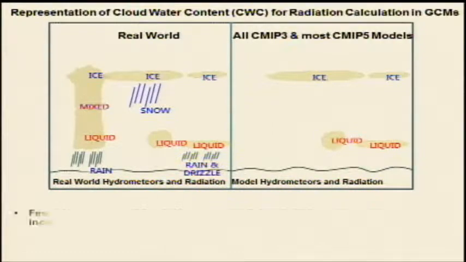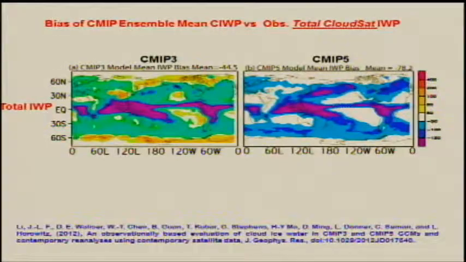So our research starts from here, and this is the total ice water path, and the total ice water path difference against the CloudSat and CALIPSO ice water path.